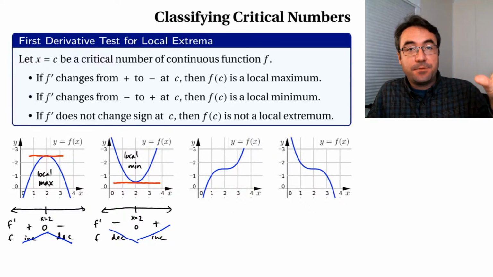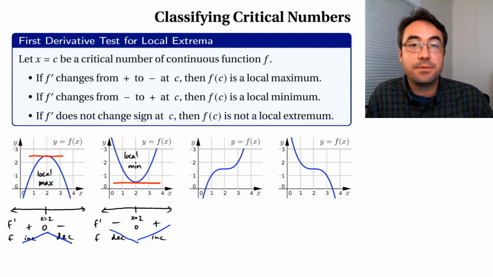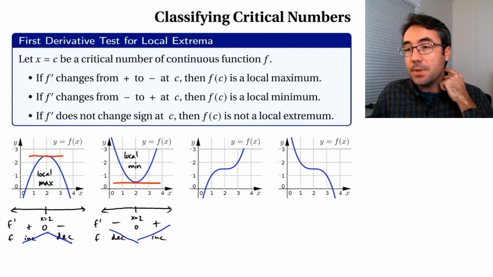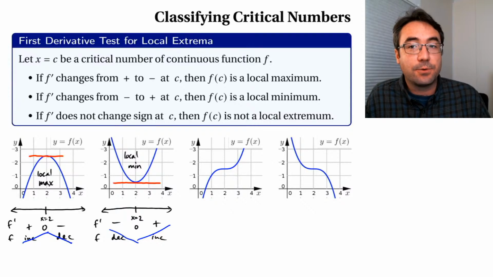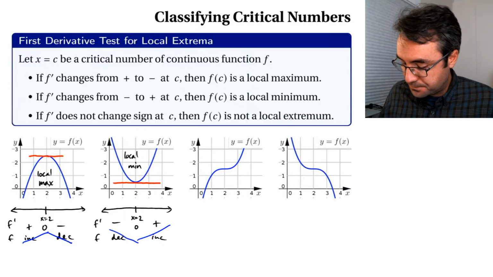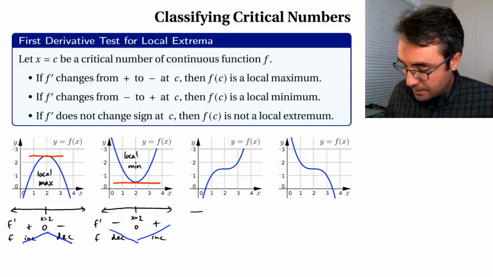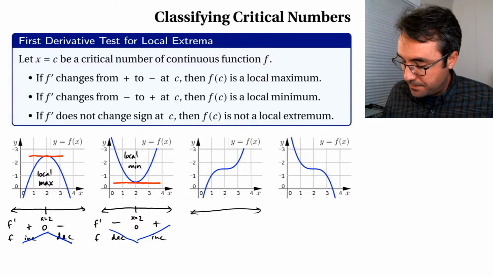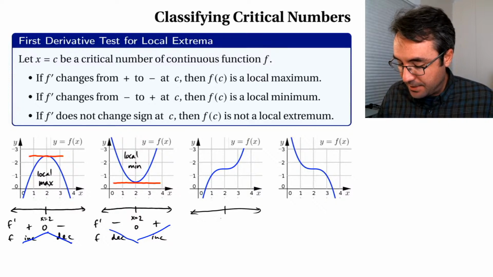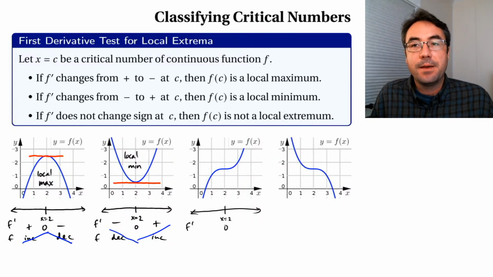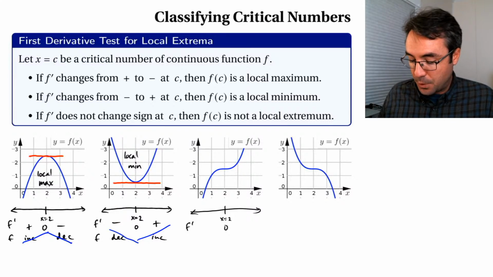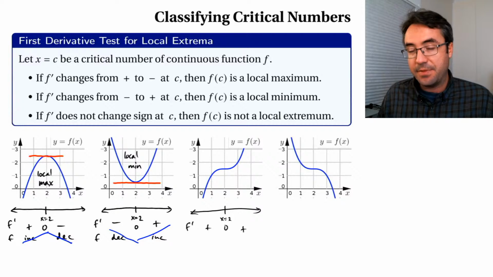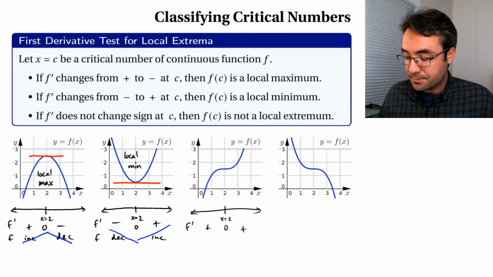So that's the first two points of the first derivative test. The last two are where we don't have a local max or a local min. On our third graph here, again, the graph flattens out at x equals 2, so the derivative would be 0 there. But on either side, our graph is increasing. So f prime is positive on the left and positive on the right.